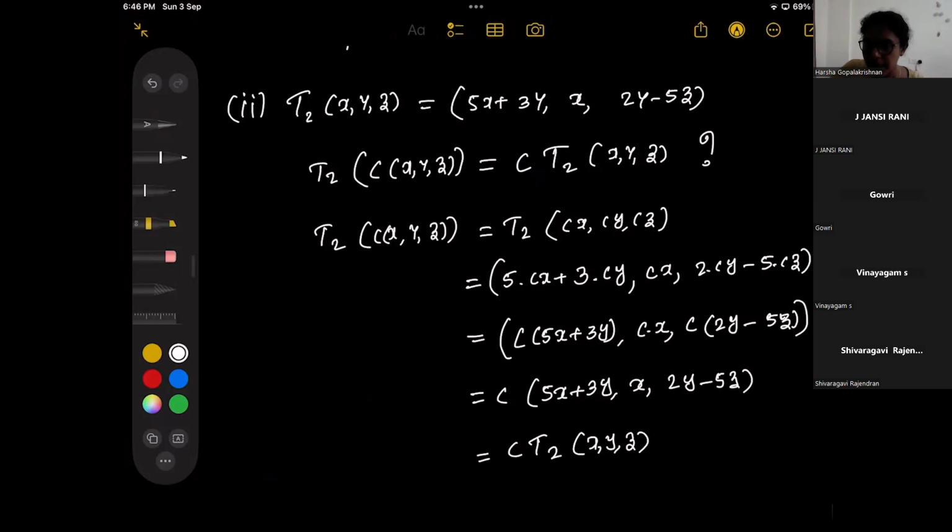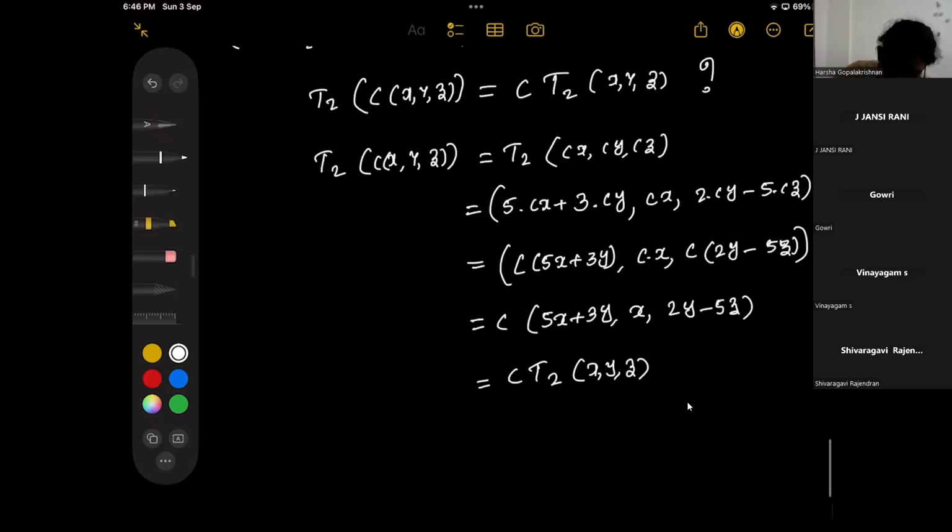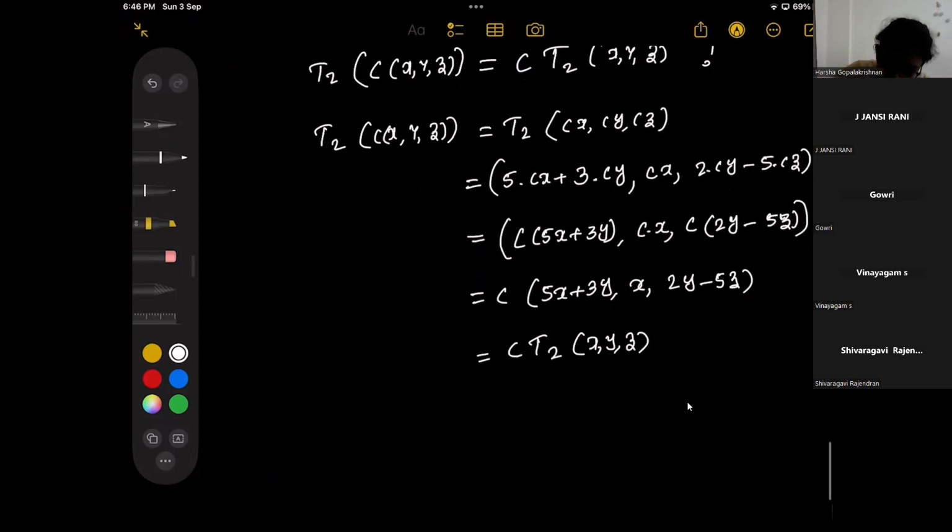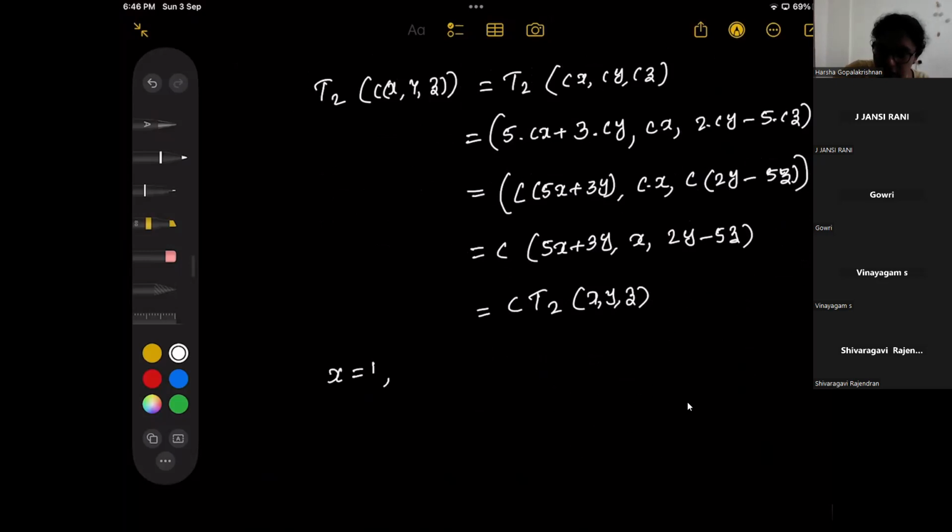Ma'am, if we take x equal to 1, y equal to 2 and z equal to 1, this condition is not satisfied. Okay, we can check. Can you repeat the values? x equal to 1, y equal to 2 and z equal to 1.